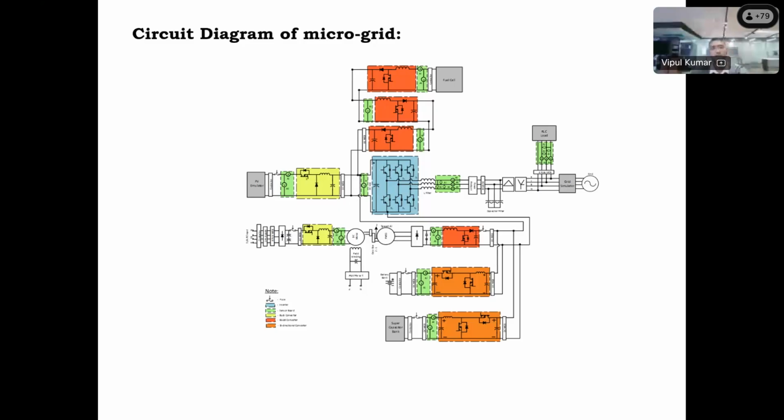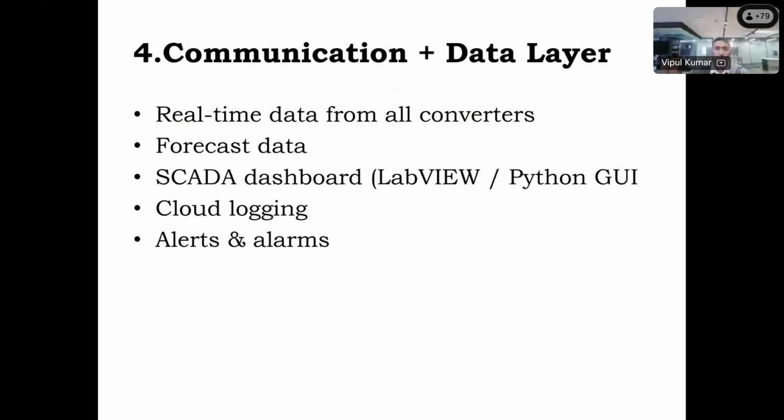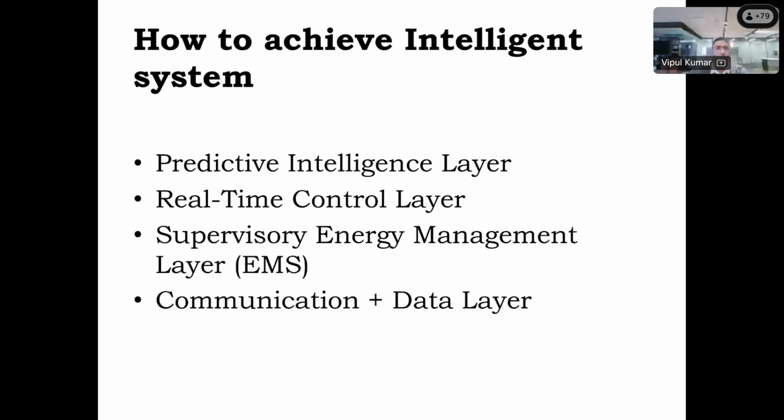If some data we are not getting, it will give an alarm that that particular data is not coming. Okay. So this is the communication and data layer. Okay, so there are four layers. Using those layers, we are making the system an intelligent controller of renewable energy sources.